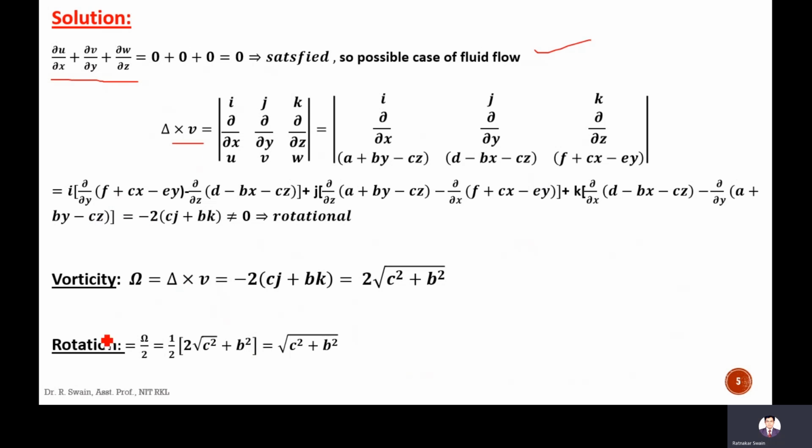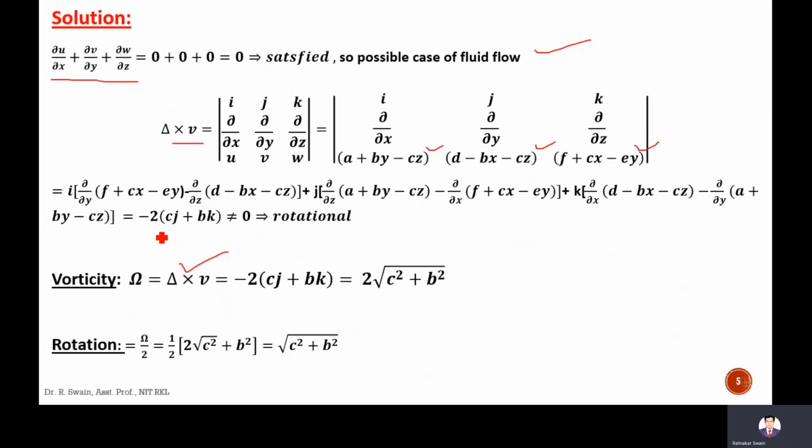Now you have to calculate the curl, because vorticity and rotation are estimated from the curl of v. Curl is estimated in matrix form: i j k, del by del x, del by del y, del by del z, u v w. Put the u, v, and w expressions here and take the partial derivatives.